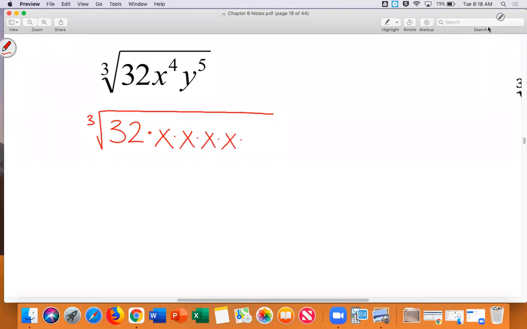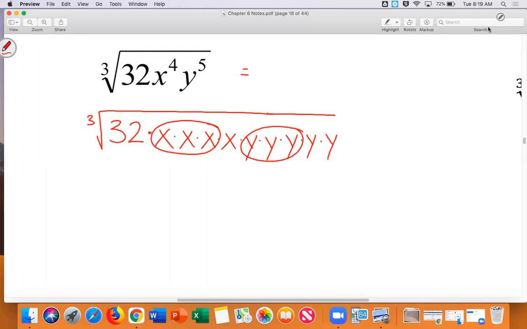How many Y's? 1, 2, 3, 4, 5. First off, do you see any groups of 3? Right here, see the 3 X's? See the 3 Y's?